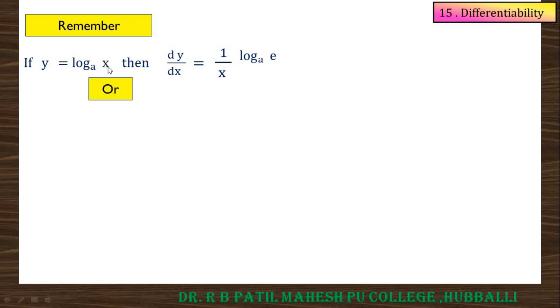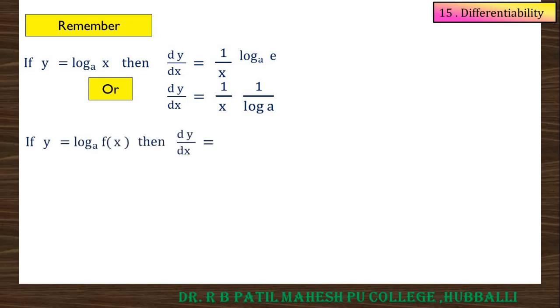That is the solution. Or the log x derivative is 1 by x, times 1 upon log a. So using another property, the reciprocal, log e to the base a, if you write 1 upon, interchanging the number, log a to the base e. Here it is not required to write the base e. It is understood.